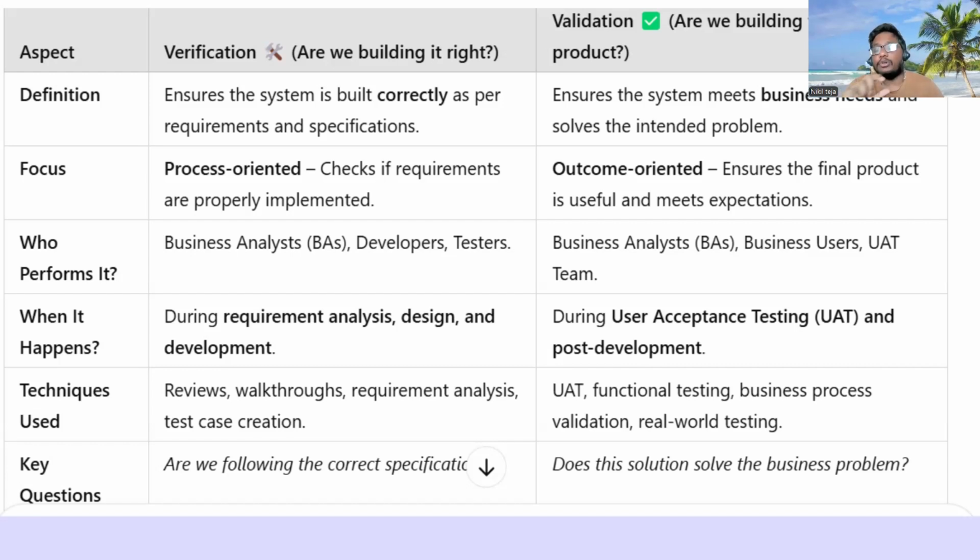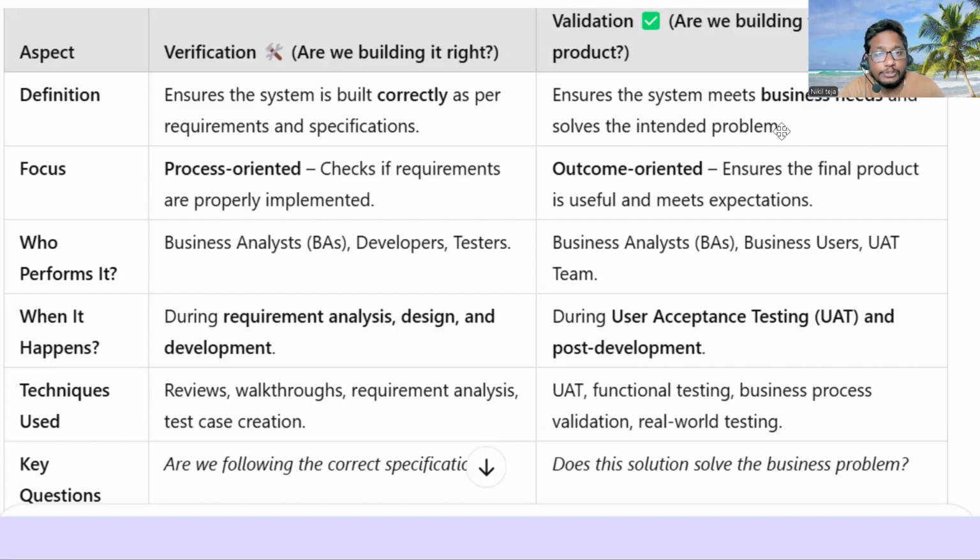That is, will our software product solve the user's problem or not? So verification is low level and very detailed. Validation is high level, and it concentrates more on the user's perspective: is it solving the client's or user's problem?